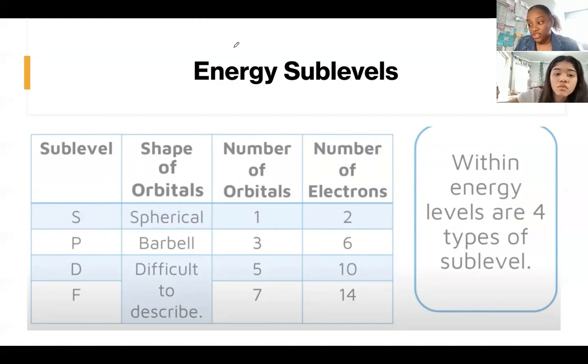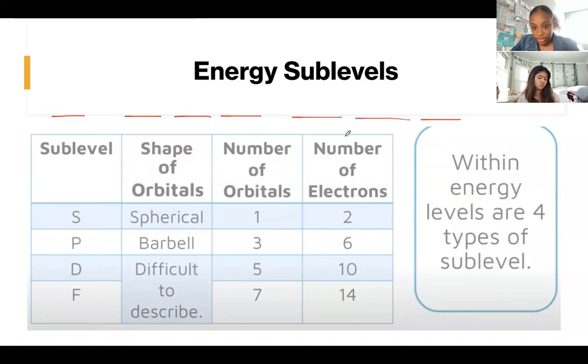So sublevels hold orbitals, and orbitals hold electrons, right? Because S has 1, P has 3, D has 5 orbitals, and then F has 7 orbitals.